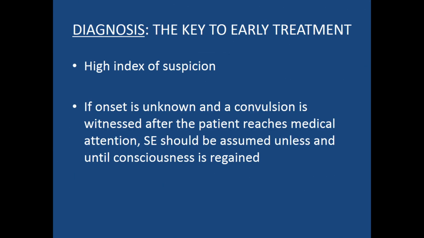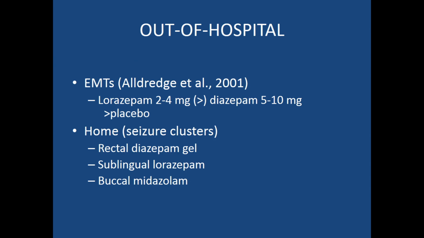Diagnosis is the key to early treatment and have a high index of suspicion. So if the onset is unknown and a convulsion is witnessed after the patient reaches medical attention, status epilepticus should be assumed unless consciousness is regained. So for those patients that are having events out of hospital, we know that lorazepam, 2 to 4 milligrams, or diazepam, 5 to 10 milligrams, is better than placebo and is shown to be effective.